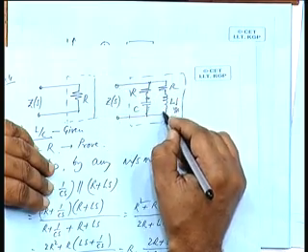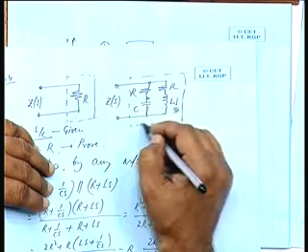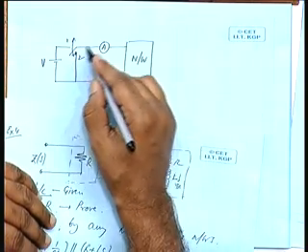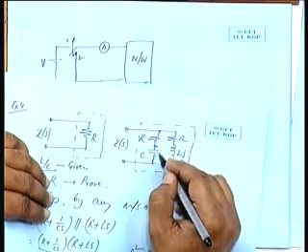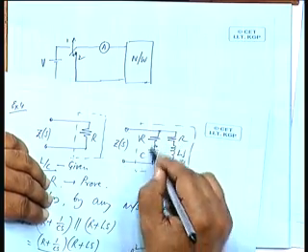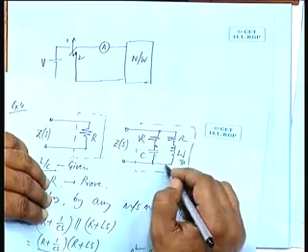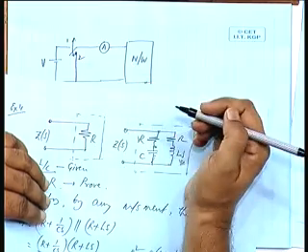So, initially this will try to maintain a current through this, is it not? This V by R will be initially flowing through this, some part will gradually flow through this also because this will try to discharge in this manner. So, both of them will be additive, but this is a shorter path. So, there will be a large current flowing through this ammeter.